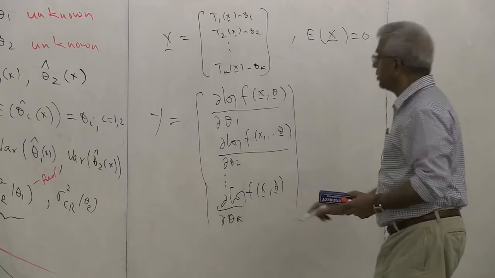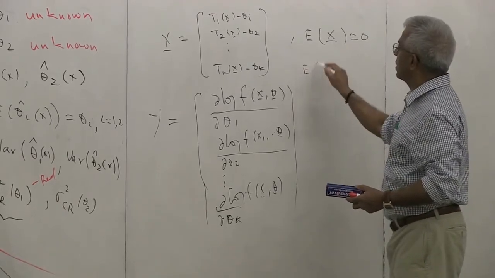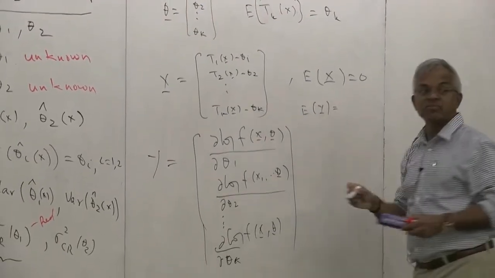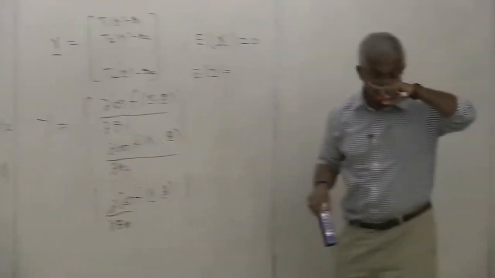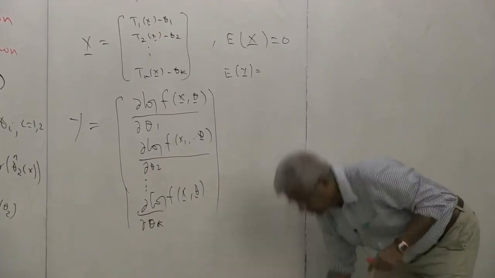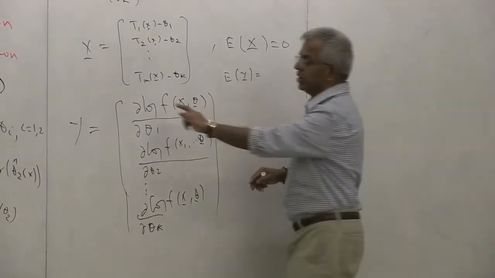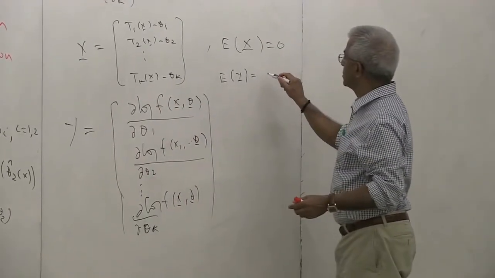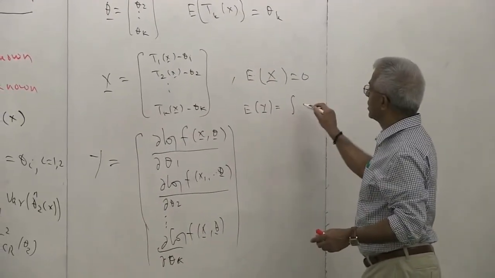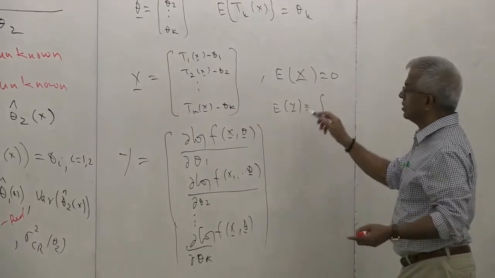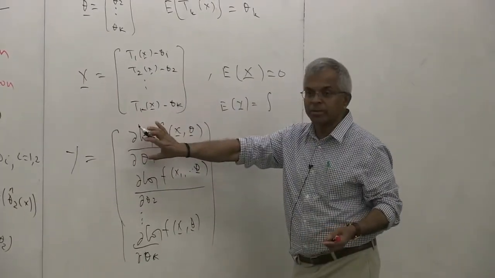All right, and the expected value of y, anybody? What is the expected value of y? It is 0, because look here, the expected value of y is an integral. Take any one of them, the integral of this multiplied by the density function.